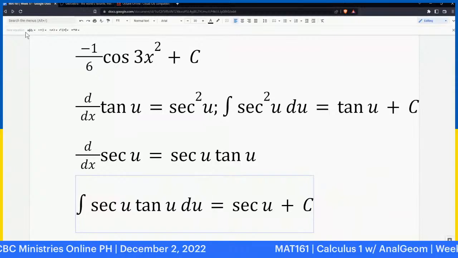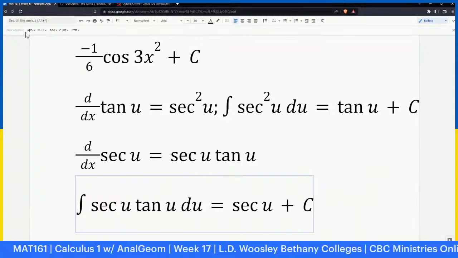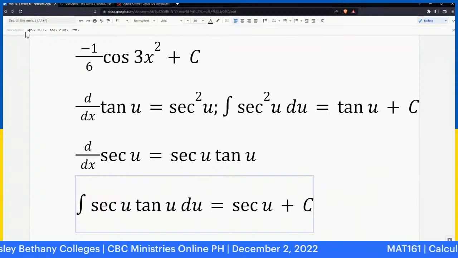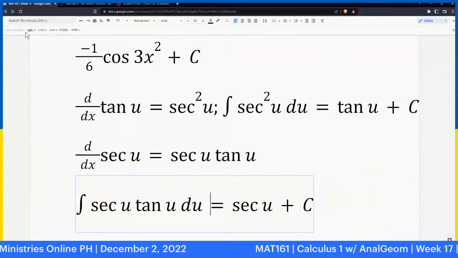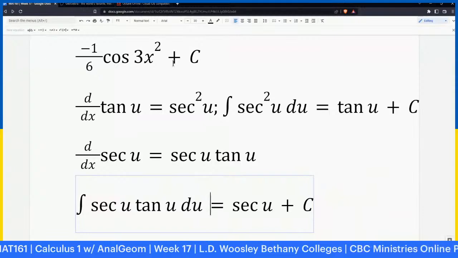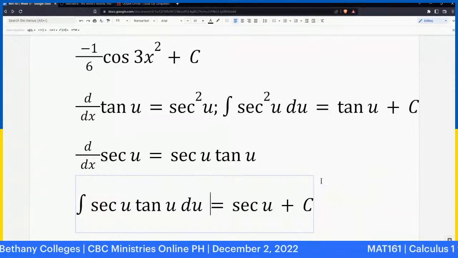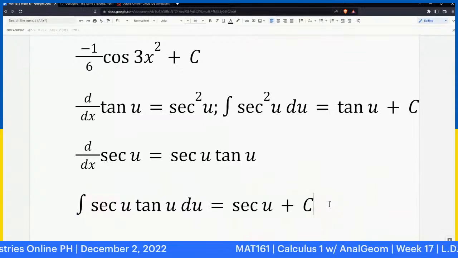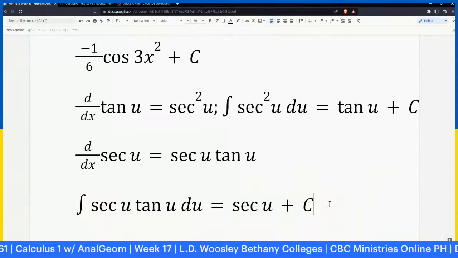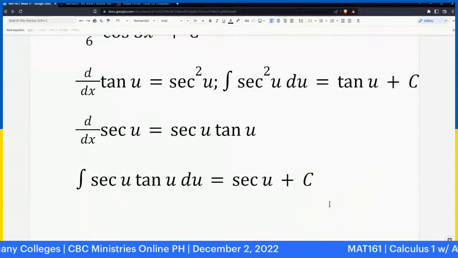Meron din tayo mga quick formula dito. Alright. Okay, let's analyze this.